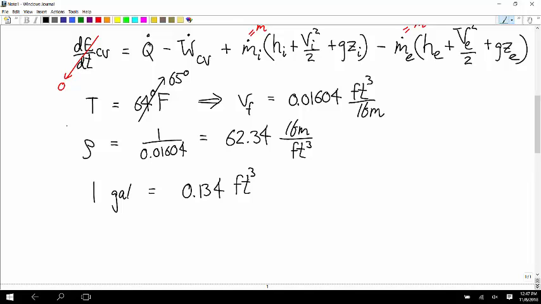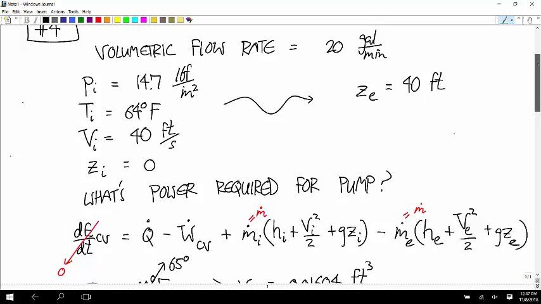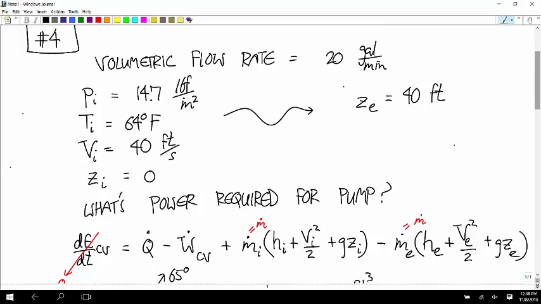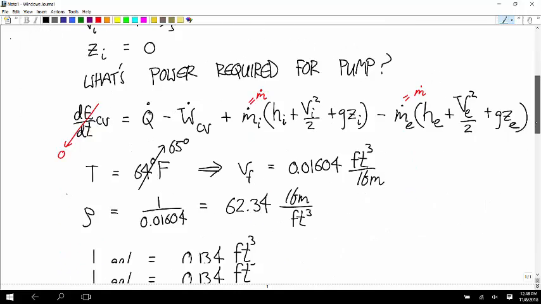Okay, so we have a volumetric flow rate of 20 gallons per minute.